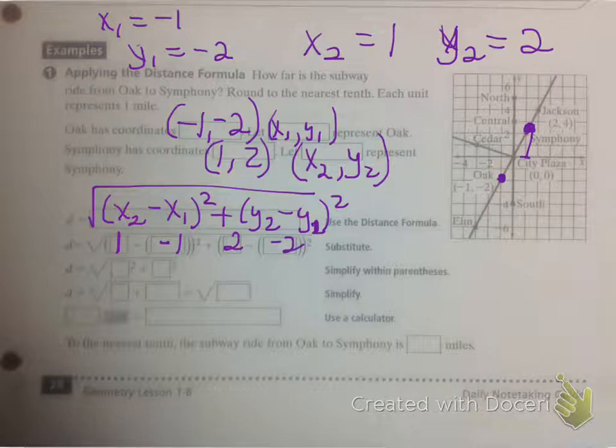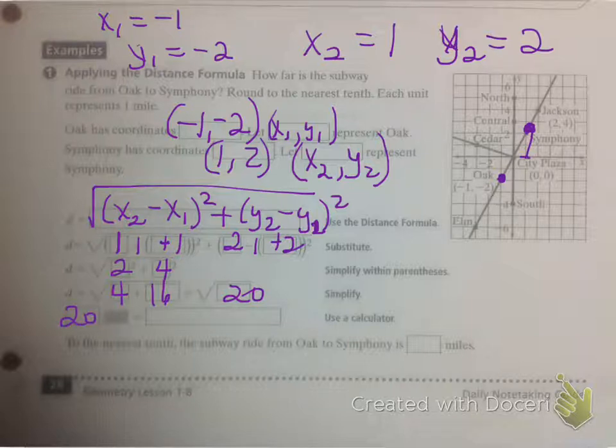We're going to get 1 minus a -1, which makes a plus, so that'll be 2, and 2 minus a -2 is a +4. When I square those, remember you have to square them, you get 4 and 16, and 4 plus 16 is 20. Now you're ready to get out your handy dandy calculator and take the square root of 20.